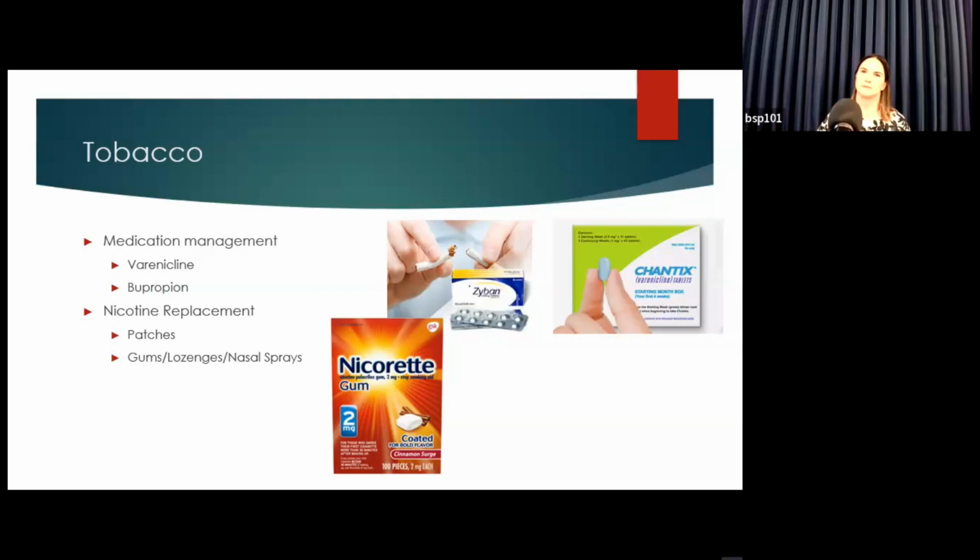The studies show that in people with even severe mental health disorders, the safety and efficacy of Chantix supports using it in those populations. So Chantix has slightly better evidence than bupropion or Zyban, but both of them are effective. So I usually offer Chantix first. If the patient has had a bad experience or there's some reason they don't want to use it, their cousin had a problem, then I'll offer them the bupropion or Zyban.